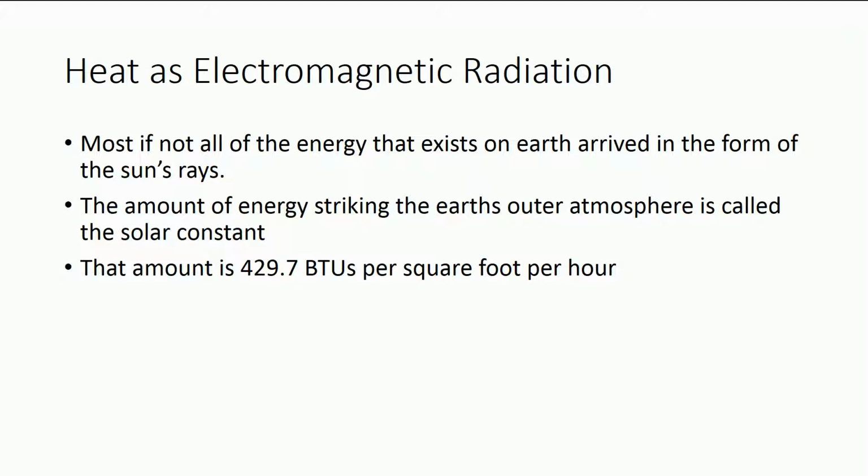The solar constant doesn't apply to Earth because the light has to cross through the atmosphere. This assumes the surface is perpendicular to the rays of the sun. It's 429 BTUs per square foot per hour.